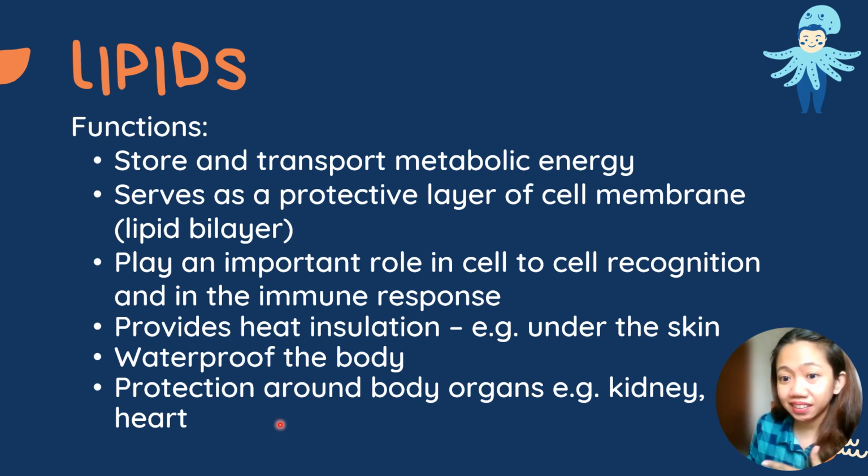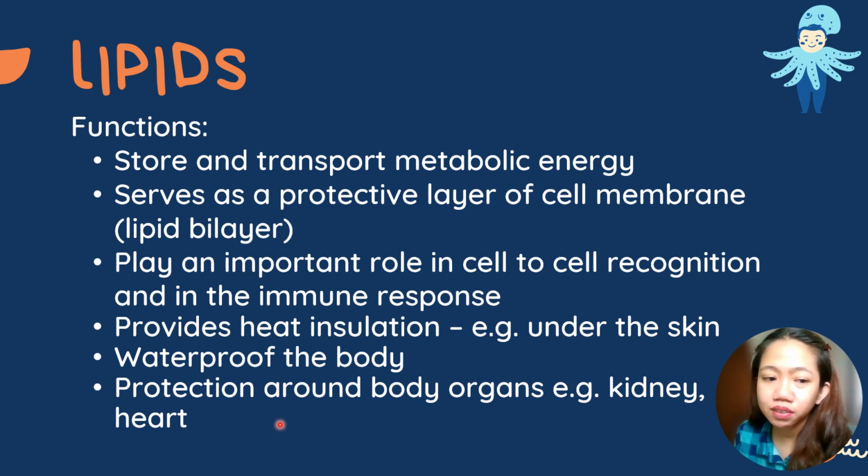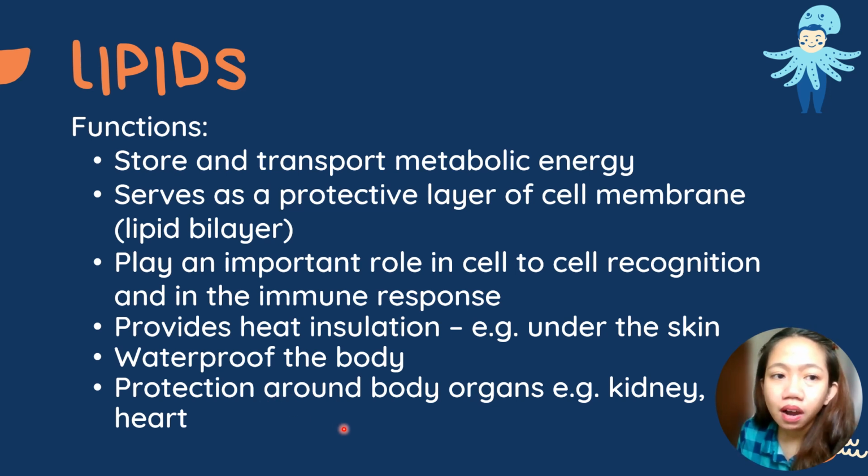It's just that if you have an unhealthy diet, that cushion will probably start blocking your body processes. So it's always a healthy balance whenever we are talking about lipids. So it's always maintaining a healthy diet and healthy balance within these biomolecules.